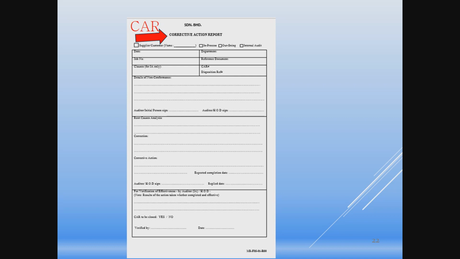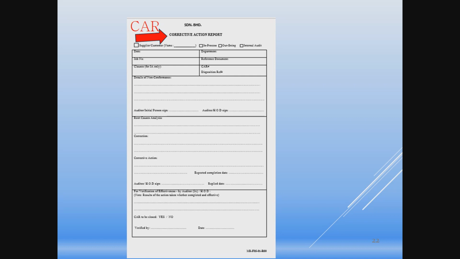Okay. Then if this is an internal audit, the auditor has to sign and the auditee also has to sign, with a commitment. Usually within 7 days you have to reply to the CAR, especially to a customer. Sometimes you need time to close.